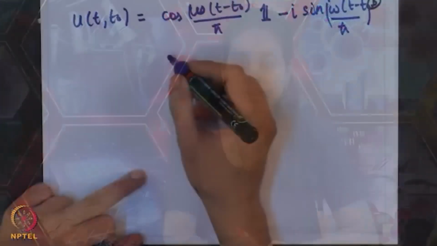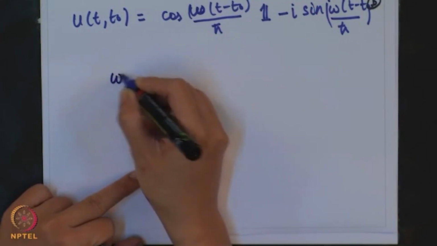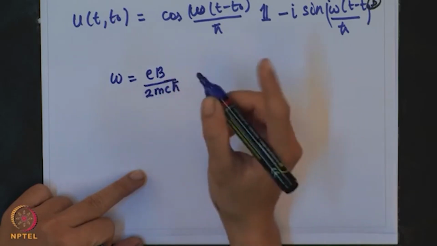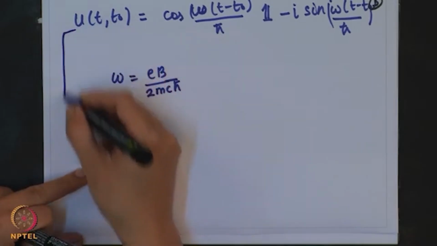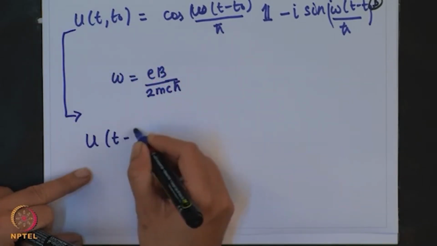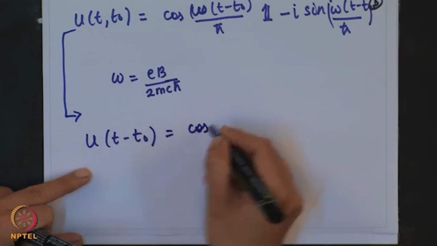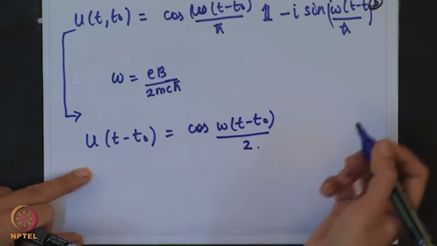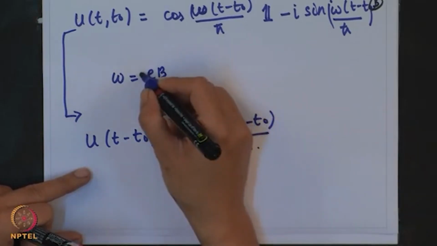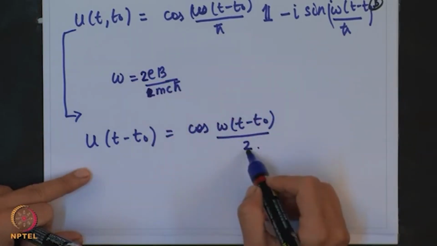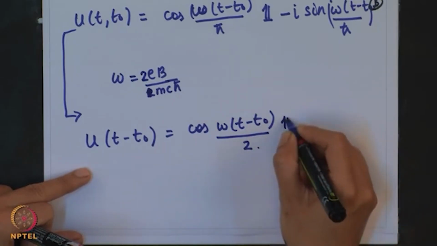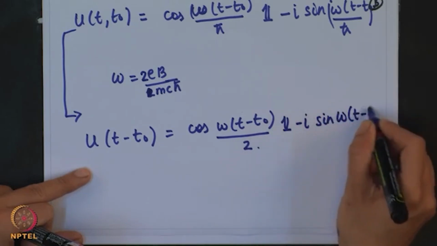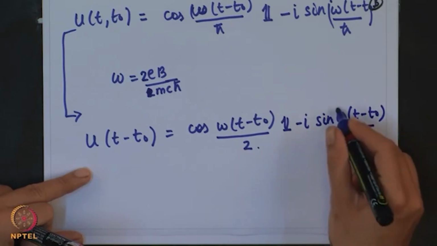Now, just a note that if you consider omega as eB upon 2mc h cross, then this will become cos omega (t minus t naught) upon 2, or rather you have to multiply by 2 because I have a 2 in the denominator, times the identity operator minus i sin omega (t minus t naught) divided by 2.